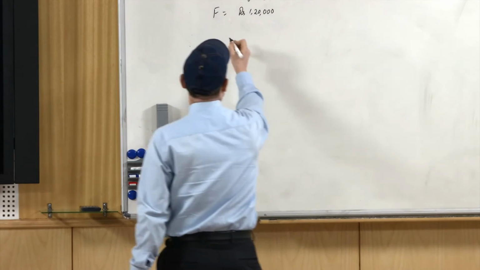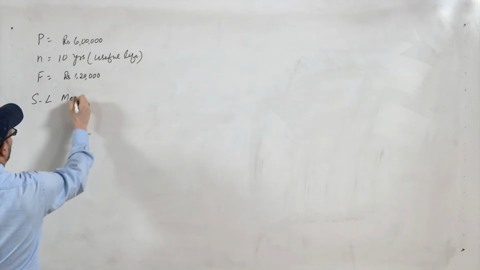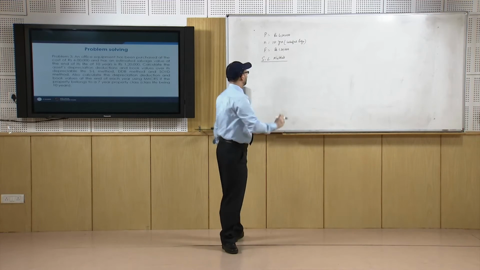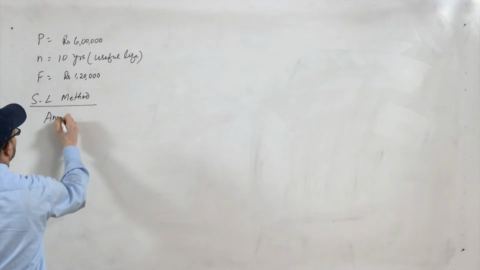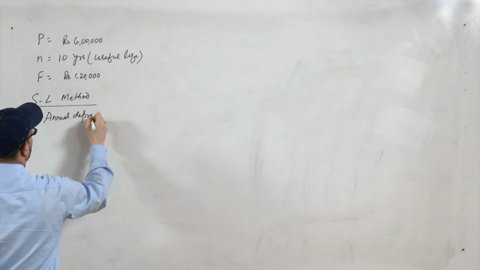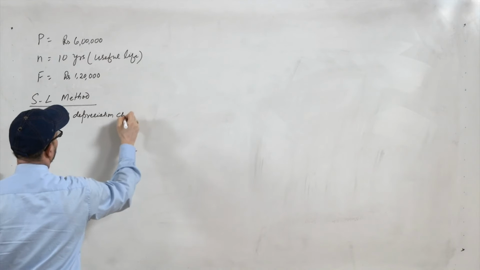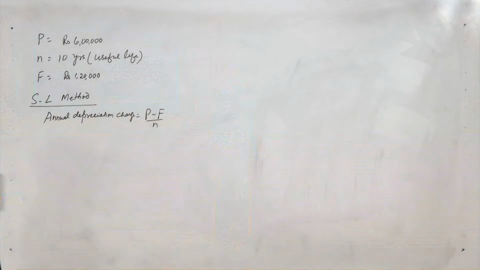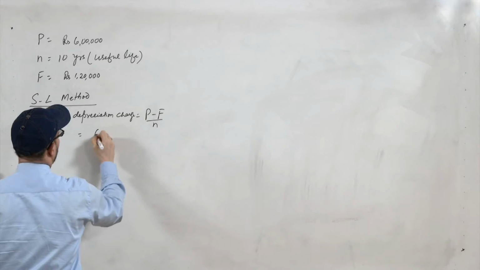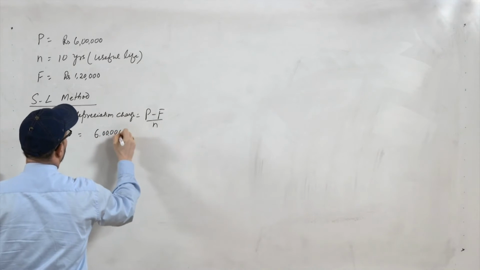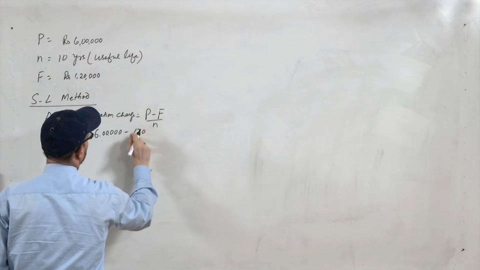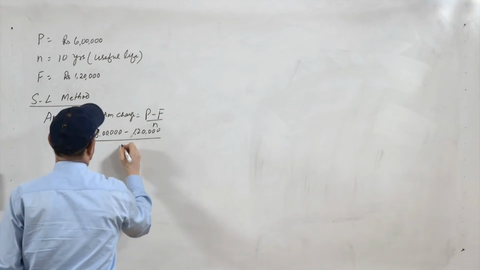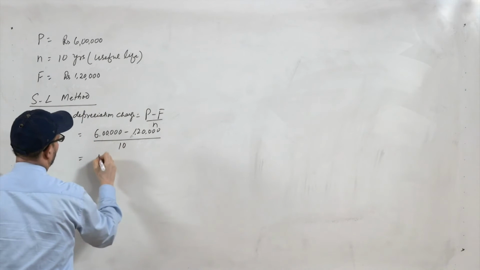So, for the straight line method, we know that annual depreciation charge will be P minus F upon N. So, it will be 6 lakh minus 1,20,000 divided by its 10 years life, so it is 48,000.